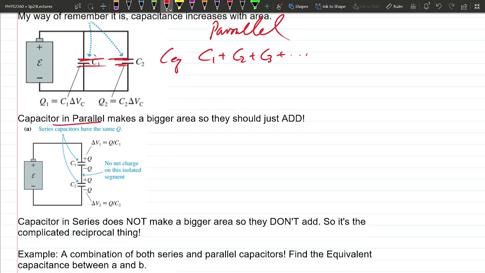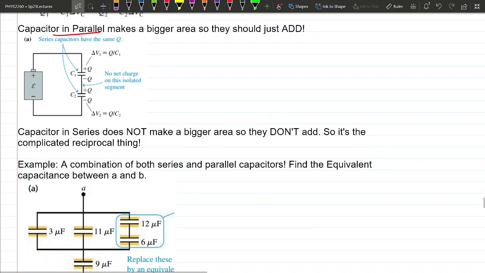When you have capacitors in series, it's the charge on each of the capacitors that is the same, not the voltage. When you have that, they're going to add in reciprocal.